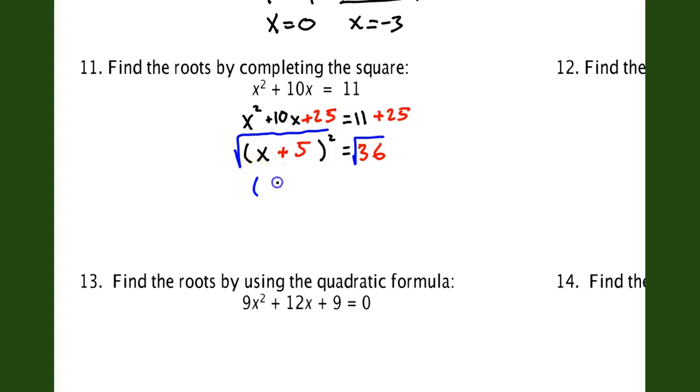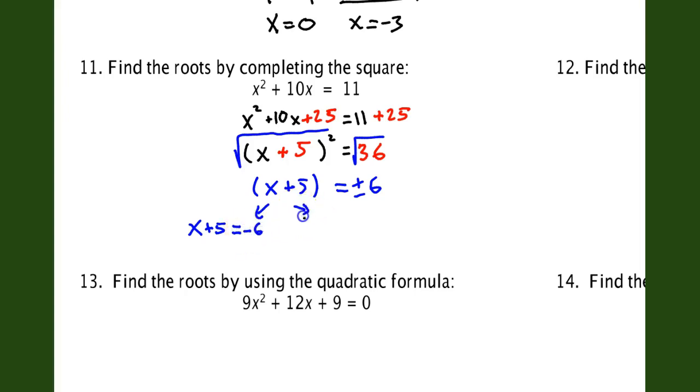So we'll have x plus 5 equals plus or minus 6. So 2 answers when you do the square root here. So when is x plus 5 equal to negative 6?